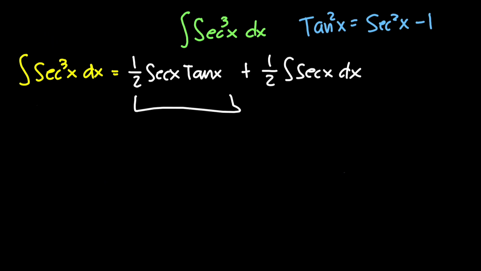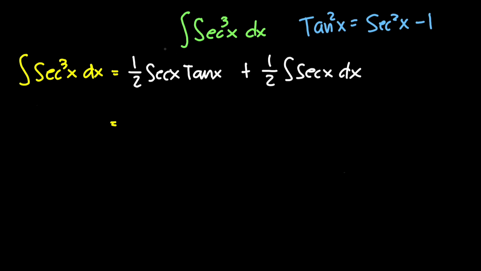What we have here is now fine, and the only thing left would be to solve the integral of secant of x dx. Solving this would require another video of mine. I will be uploading it later on. So for now, I will just be putting the answer for the integral of secant of x because it is quite a long explanation.